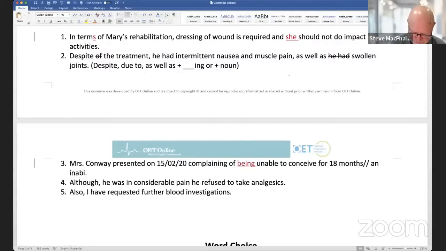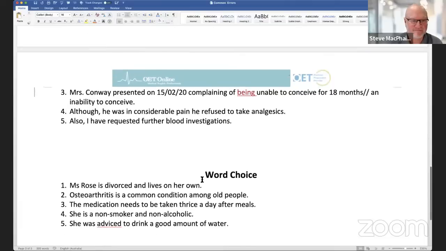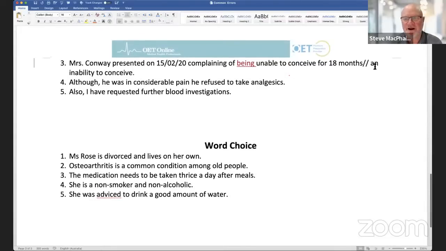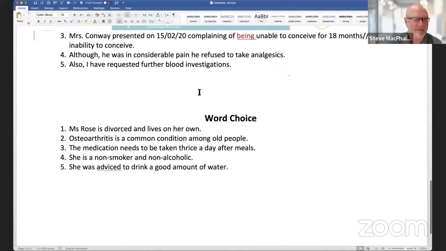And inability to conceive. Complained of an inability. So we're following the of this preposition with a gerund or a noun. That's grammatical awareness. Keep going.